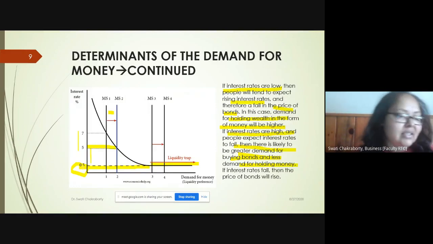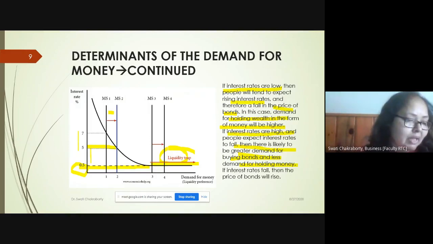That's the lowest. This portion is what we call a liquidity trap, a situation where, if you increase the money supply, or have an expansionary monetary policy, it does not lower the interest rate and hence does not stimulate any economic growth. After the rate of interest has fallen to a certain limit, this is the point.